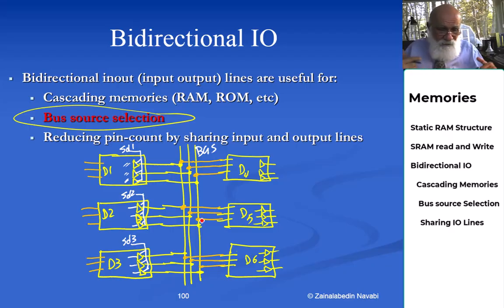So let's go into the next slide. And there I'm going to be drawing perhaps only one device, device 1 and device 4, and then showing how those can both become input and both become output through the same lines.